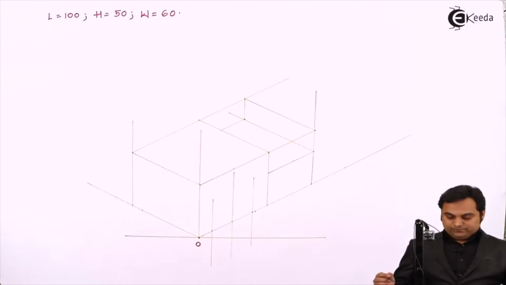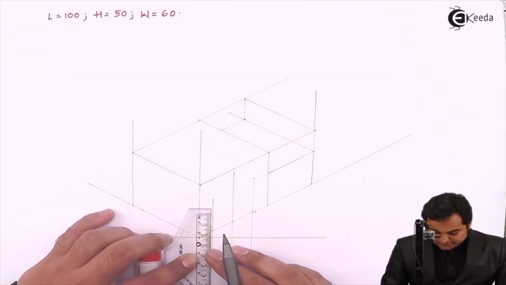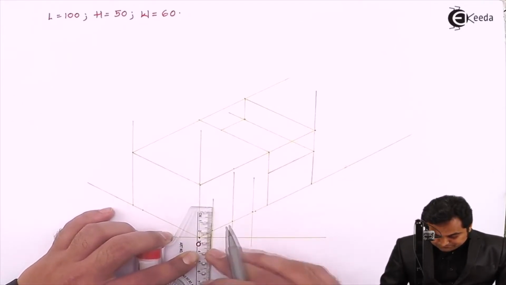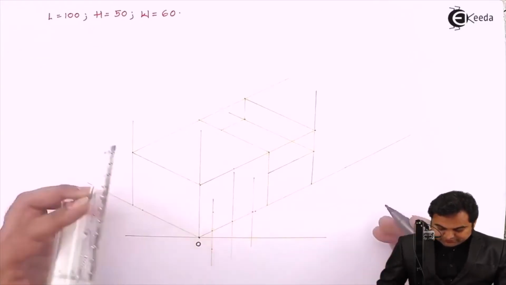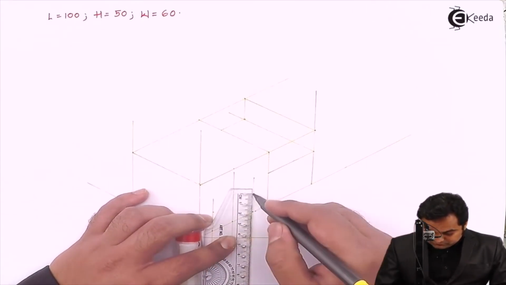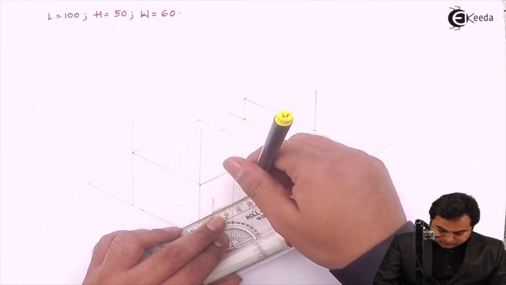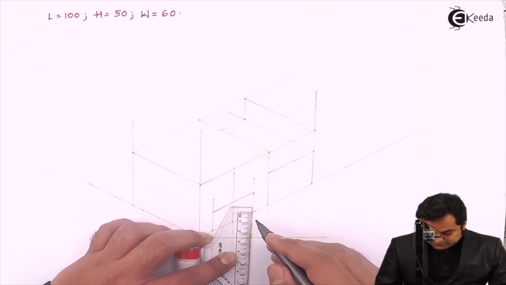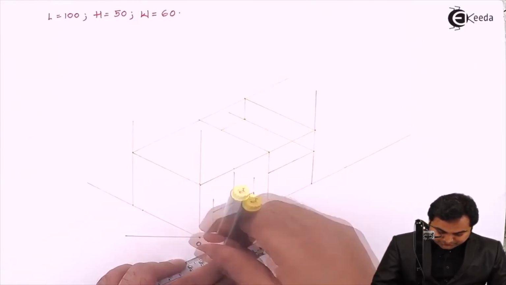Similarly from here. Now, as I have taken 18 mm on one side, 18 mm on the other side, similarly from these points as well, I would be measuring 18 mm on one side, 18 mm on the other. That gives me 36 mm. Similarly here, joining these points. Next, taking 18 mm below, joining these two points.